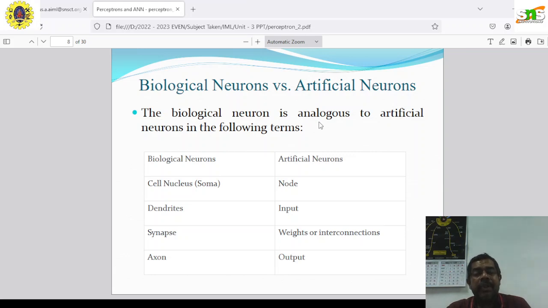The dendrites of a real neuron are treated as the inputs for artificial neurons. The synapse is treated as the weights or interconnections in an implemented neural network. The axon in real neurons is treated as the output in neural networks.